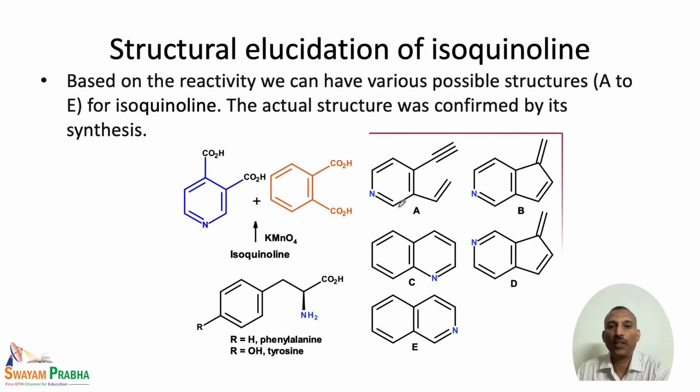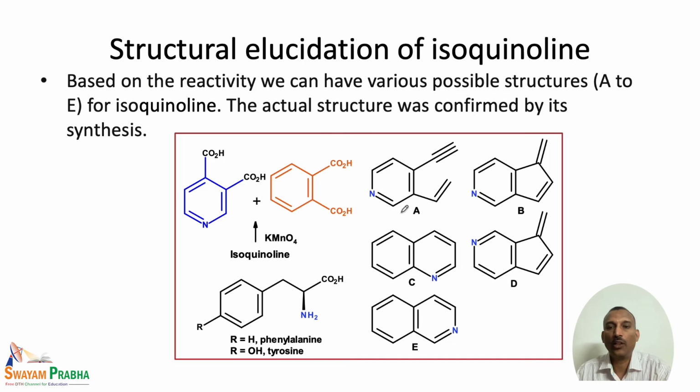So, based on the reactivity, what we can deduce is that various possible structures, A to E, are possible for isoquinoline, and let us look at which structures can be used to confirm the structure of isoquinoline. As we know, structure A does not have the two fused benzene-type ring structures.